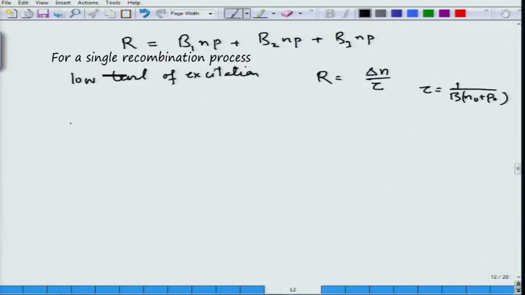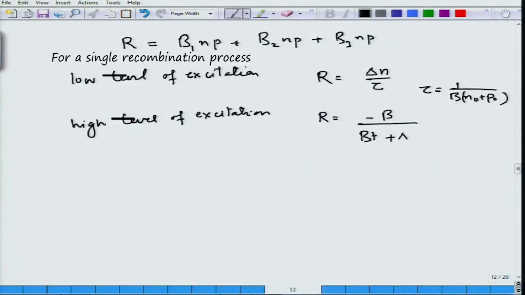For high level excitation, R will be given by negative of B over (B t plus delta N naught inverse) squared.